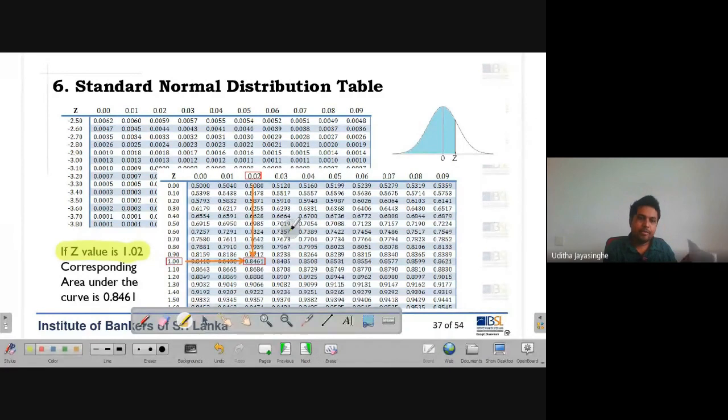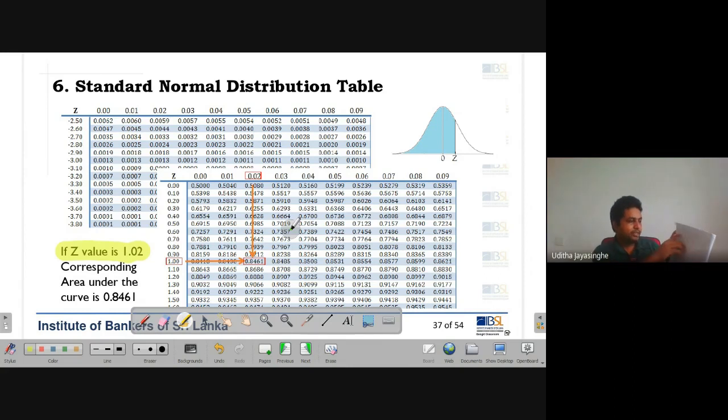First I'm going to use this table, and I need to scroll down my vertical axis to find the Z value of 1. We discussed that there are two tables, the negative table and the positive table. This 1.02 is the positive 1.02, so that's why I'm scrolling in the positive region.